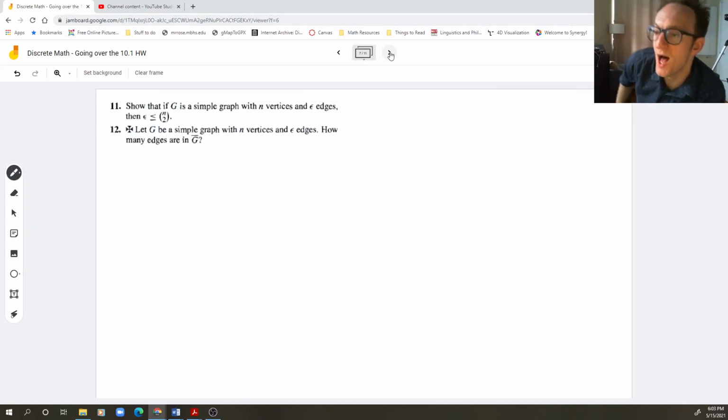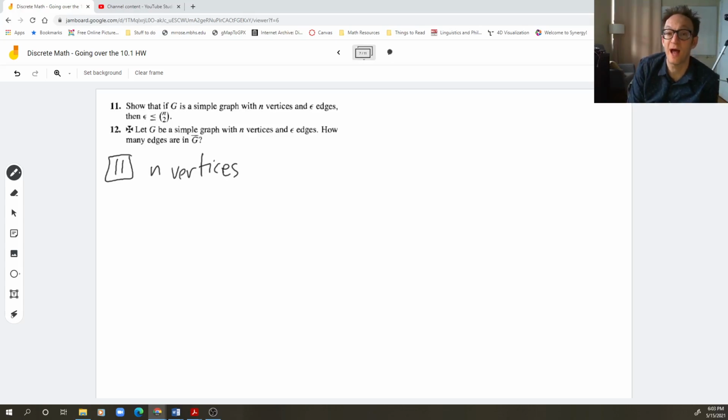All right, more. Show that if G is a simple graph with n vertices and epsilon edges, then epsilon is less than or equal to n choose 2. I believe that this is a silly problem because, suppose we have n vertices.